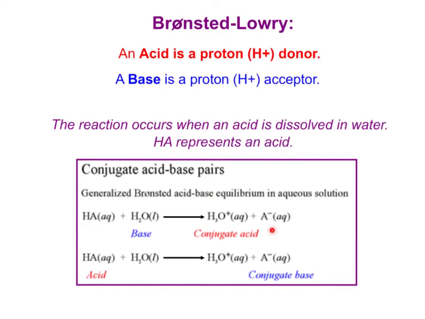A new word. But here we have this acid and water, and the acid is donating its proton to the water. Consequently, the water is considered a base because it's accepting the proton. So let's look a little bit more at this type of reaction and define these conjugate acid-base pair ideas.